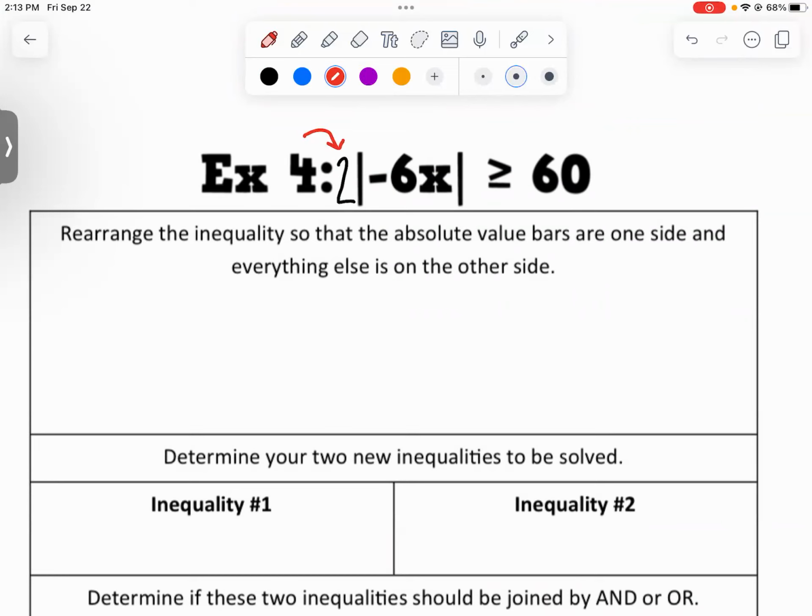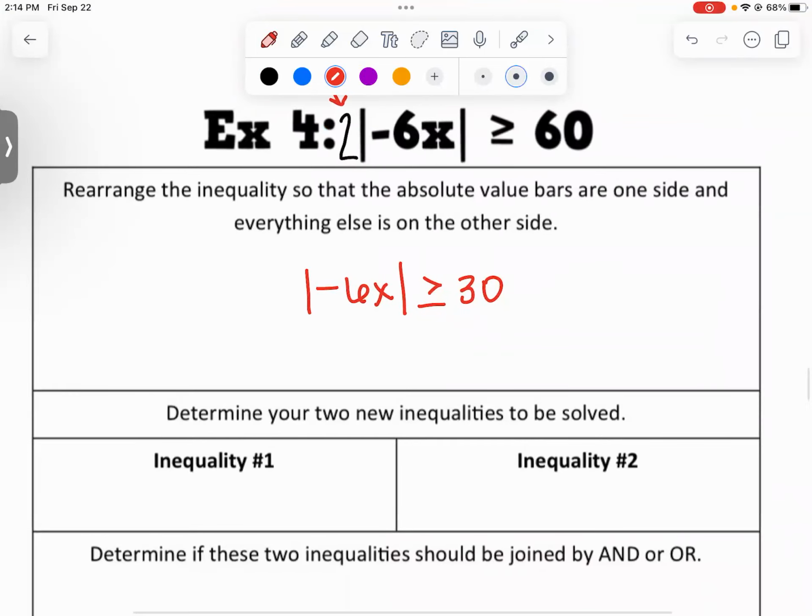We need to divide by 2. So the absolute value of -6x is greater than or equal to 30. Okay, DJ, are you following along? You're writing this down? Okay. We divided both sides by 2.